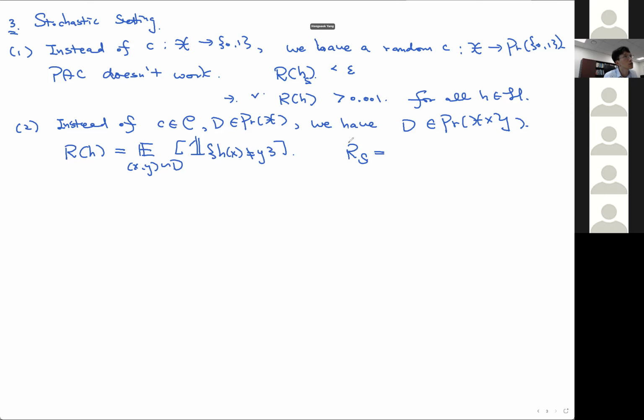So the empirical risk of H is defined by 1 over m, summation i equals 1 to m, of the indicator that H of Xi is not equal to Yi, where S is the sequence (X1, Y1) up to (Xm, Ym). That's how it's defined. So then the question becomes how we should modify PAC so that it makes sense in this case.